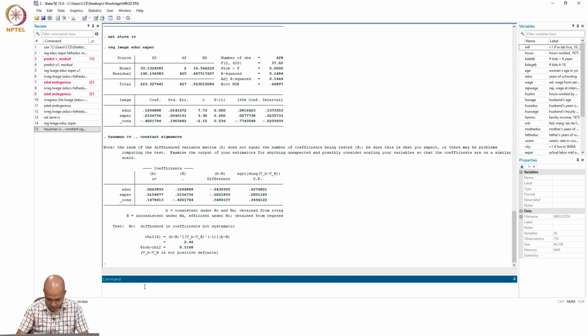So, ivreg lwage, then education equal education, and let us say we have experience also as another endogenous variable.